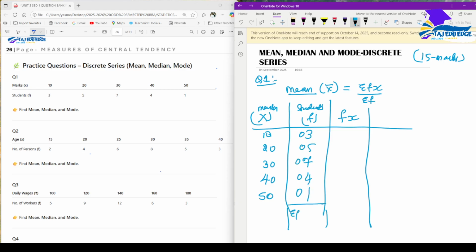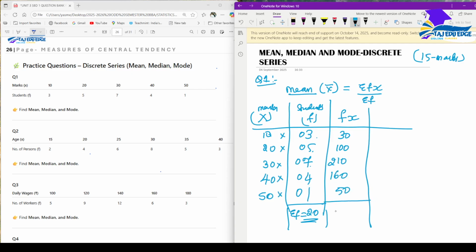Summation of f is equal to 3 plus 5 is 8, 8 plus 7 is 15, plus 5 is a total of 20. fx is 10 into 3, 30, 20 into 5, 100, 30 into 7, 210, 40 into 4, 160, 50 into 1, 50.